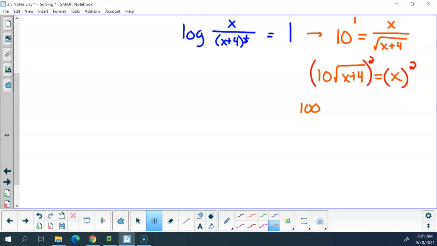The square root of x plus 4 squared is x plus 4. And that equals x squared.